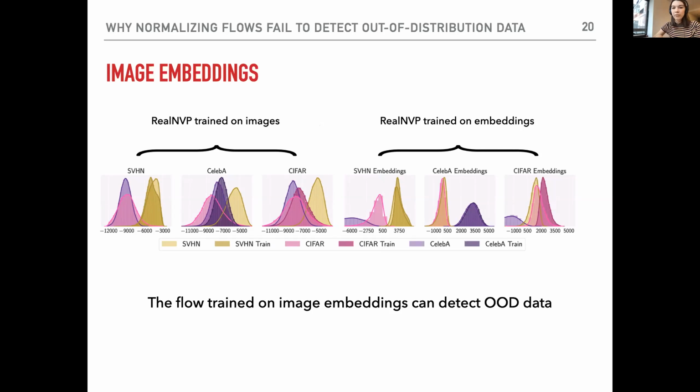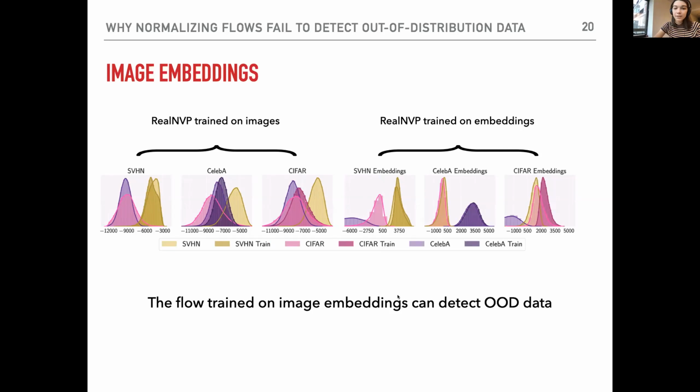We train a RealNVP model on these embeddings instead of on raw pixel values, and then evaluate the likelihood histogram. The title of each graph is the name of the data set on which the RealNVP was trained. In this case, it was trained on SVHN, CelebA, CIFAR, and in the right panel, it was trained on embeddings of the corresponding data sets.